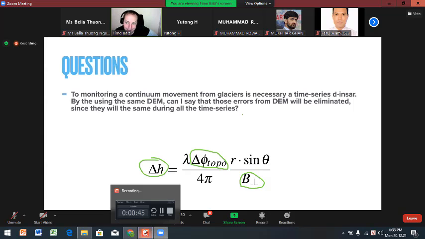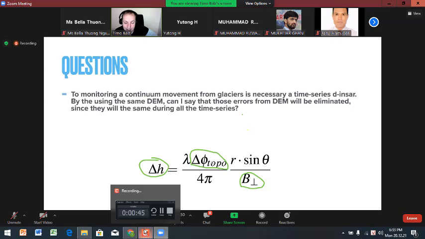So you will not be able to just do it like that. However, the baseline is also a known value. And so you can go in there and look at the difference in baseline and actually estimate the height error.